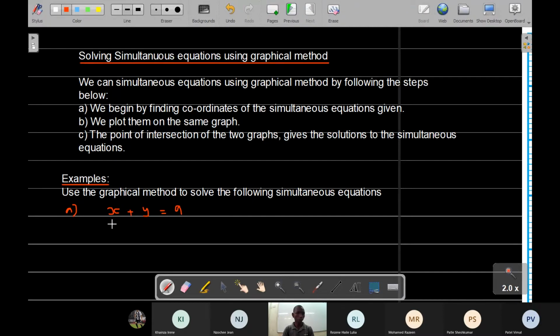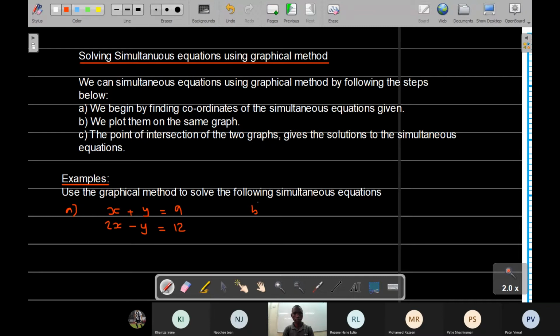Then we have the second equation, which is 2x minus y equals 12. So this is A.